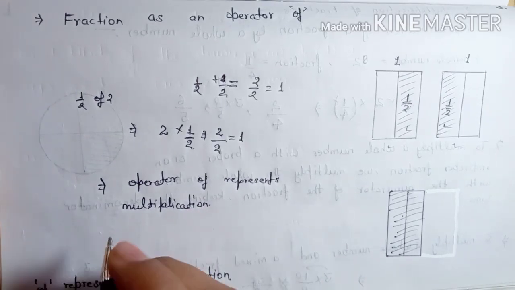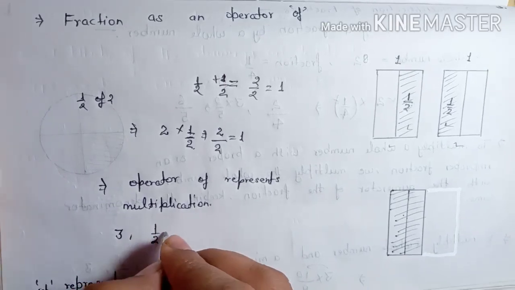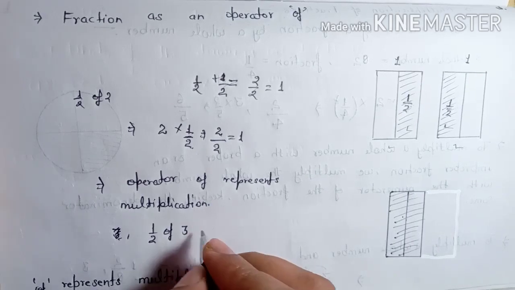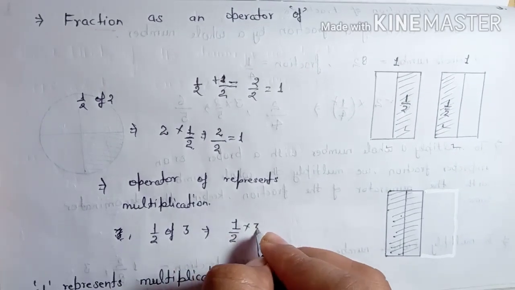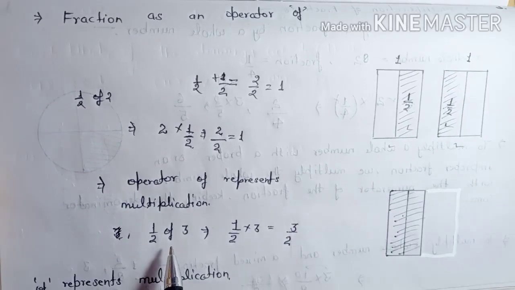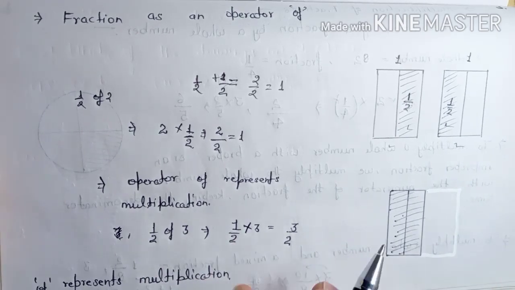If you have a question, get 1/2 of 3, or if you are given 1/2 of 3, what to do? Just multiply 1/2 and 3, and this is your answer, 3/2. So when you see 'of' in your question, change it to a multiplication sign and you will get your answer.